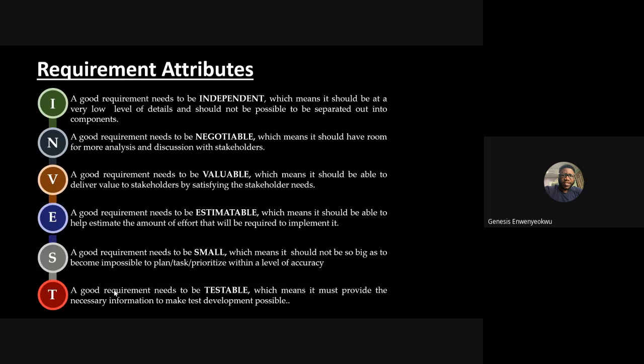So these are the things we consider whenever we are writing a user story. When you write a user story, you take time and look at it to see, okay, is this user story negotiable? Is it valuable? Is it going to add value to stakeholders when we implement this particular user story?